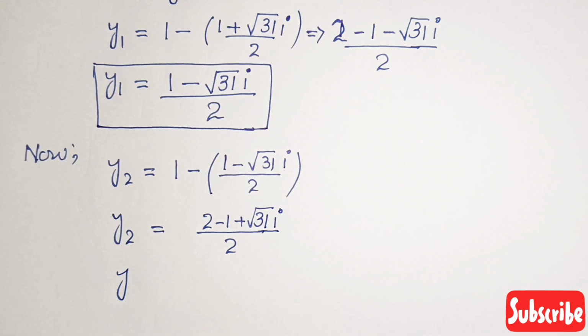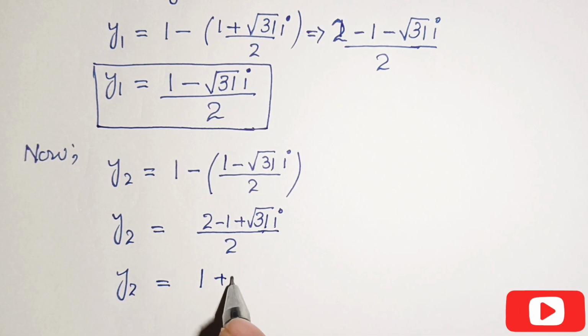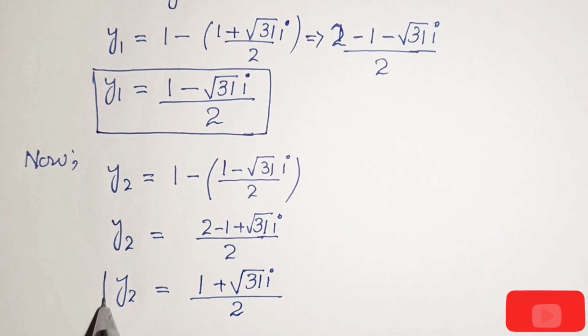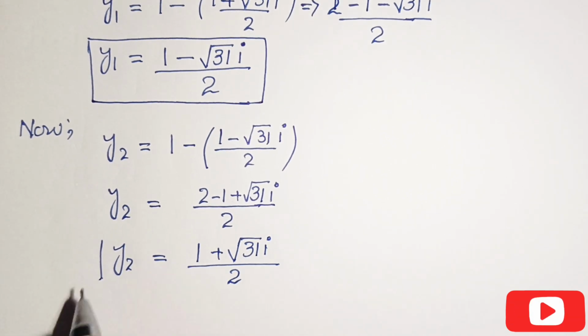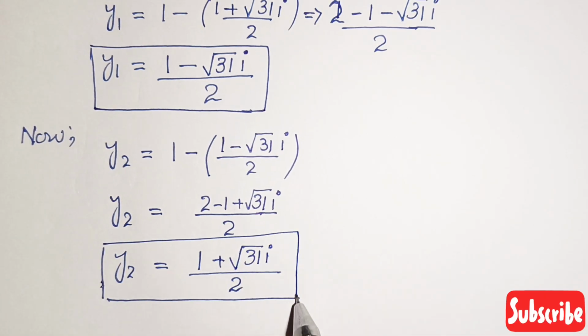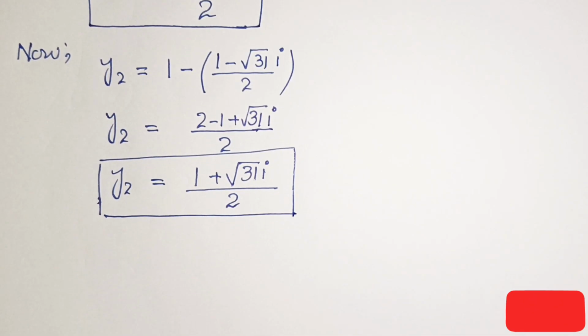So the value of y2 is 2 minus 1 is 1, plus square root of 31i all over 2. So here we get the second value of y, that is y2 is equal to 1 plus square root of 31i over 2.